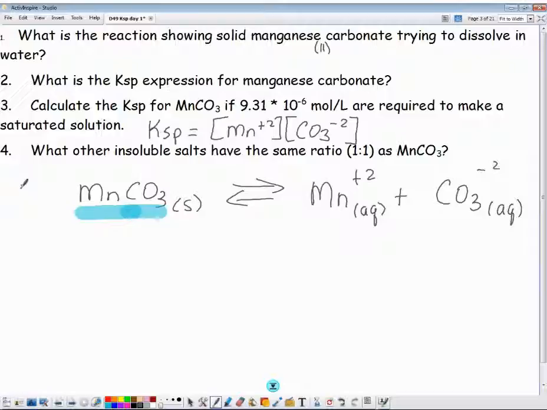Okay. Now, I'm going to show you an ICE chart for this fellow. But here's the deal. You're usually not told how much solid you're trying to get to dissolve. We're just going to try to dissolve some big fat spoonful of solid into maybe a liter of water.